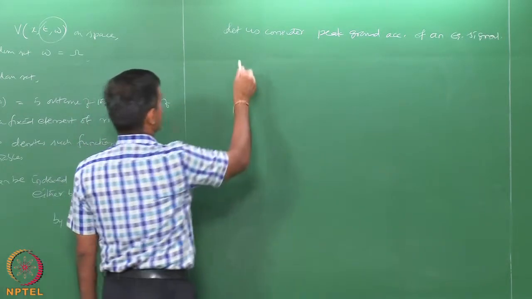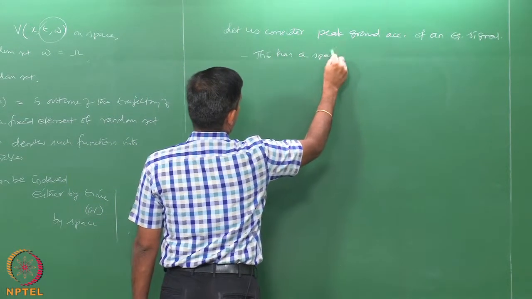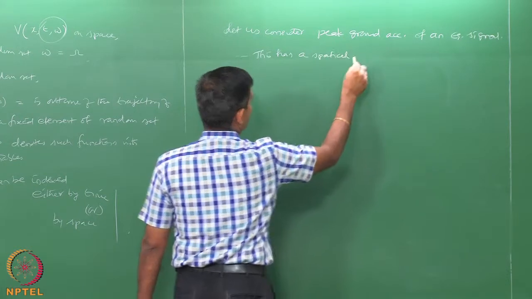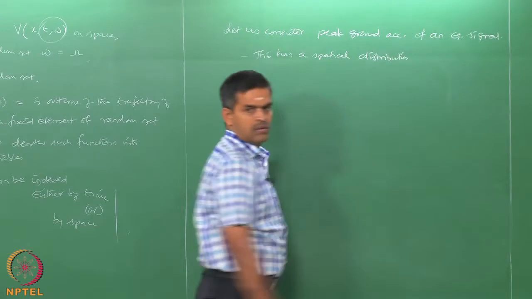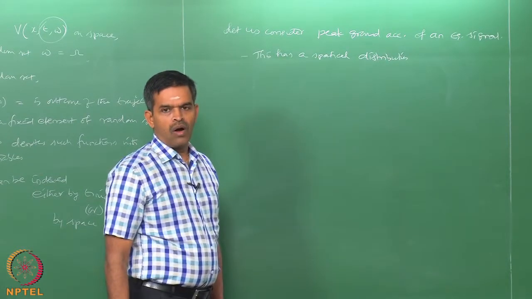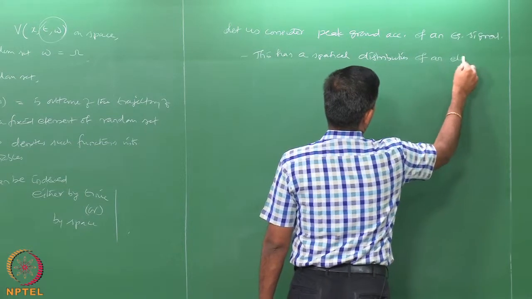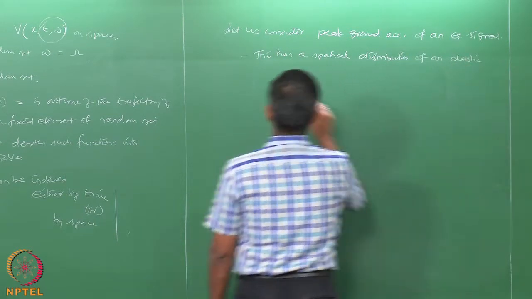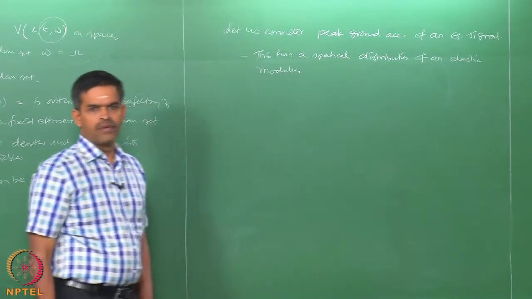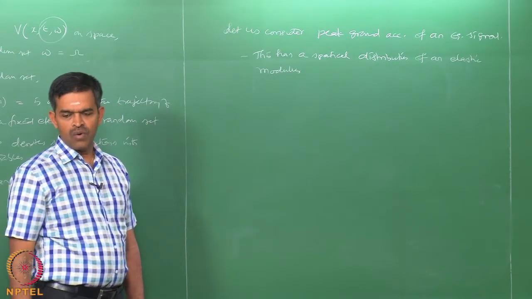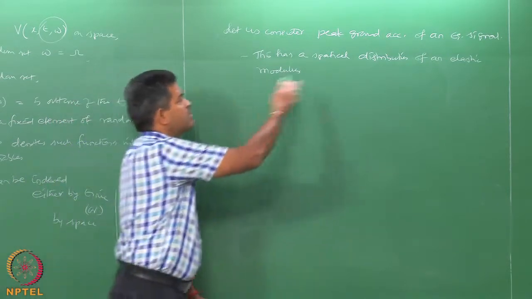This has a spatial distribution of an elastic modulus. In such cases one should perform discretization because it was a spatial distribution.